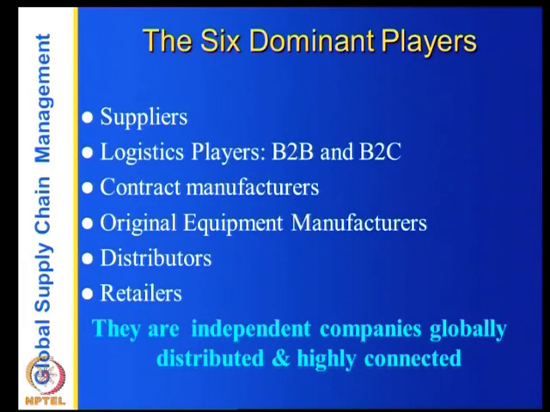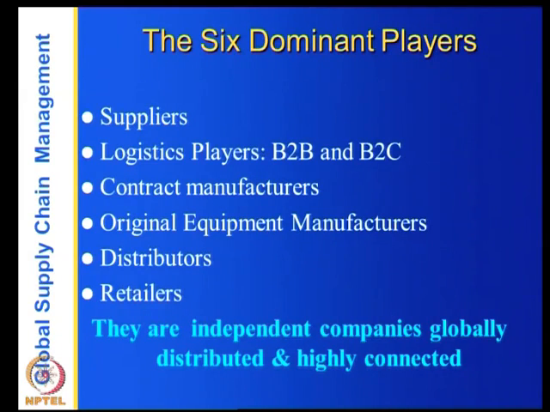So there are logistics players. How many logistics players? Because each supplier, when he supplies to the manufacturer from his own country, has his own logistics players. So there are several logistics players from each country. There are contract manufacturers who supply the sub-assemblies or sometimes the final products. The original equipment manufacturers are the ones who supply the designs.